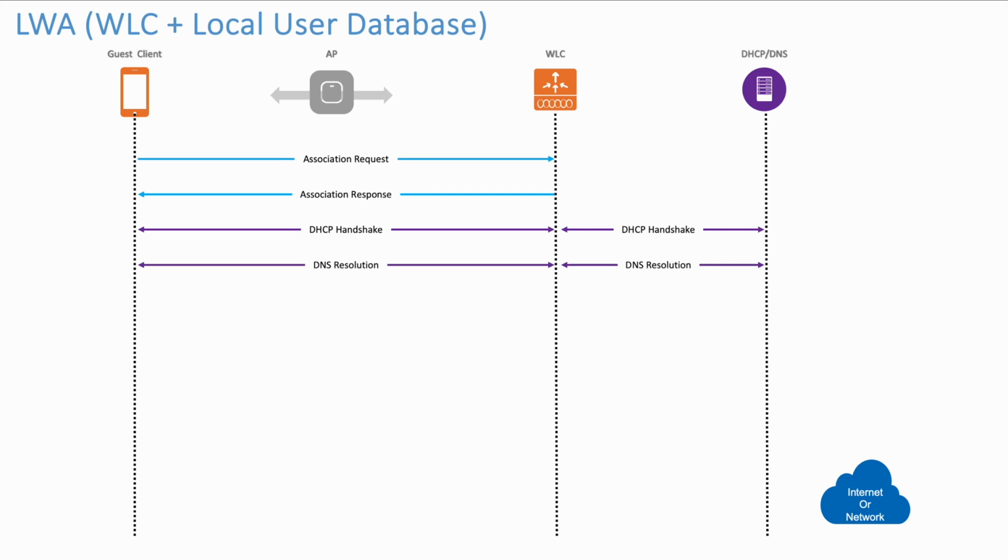When we say captive portal, once you get the IP address, the first thing the client will try to do is find out whether a captive portal is available or not. Each operating system has its own way of finding it. Android has its own way, Apple iPhones have their own way, Windows has its own way, and iOS and MacBooks have their own way.